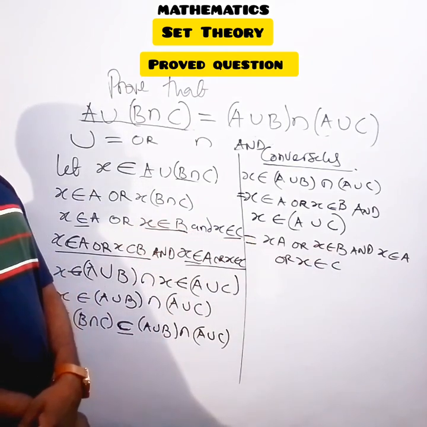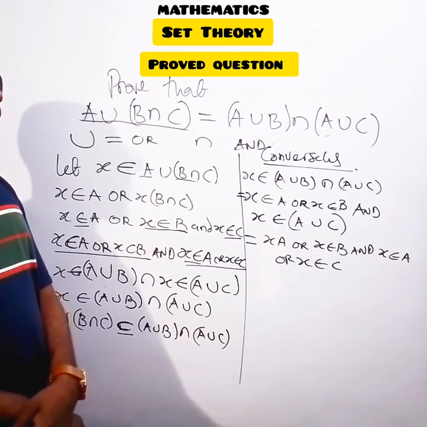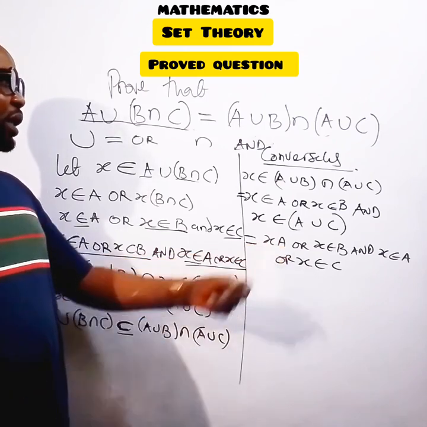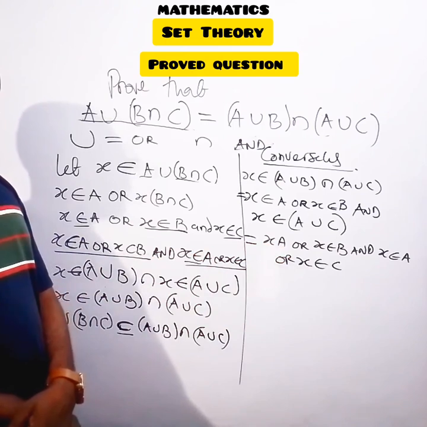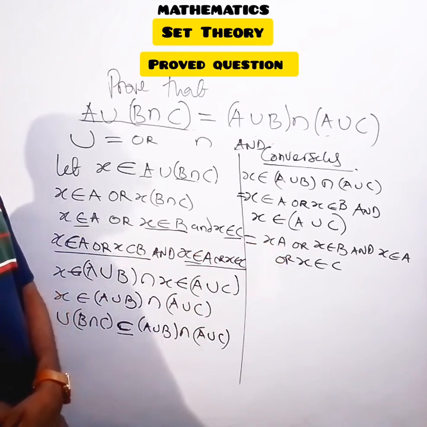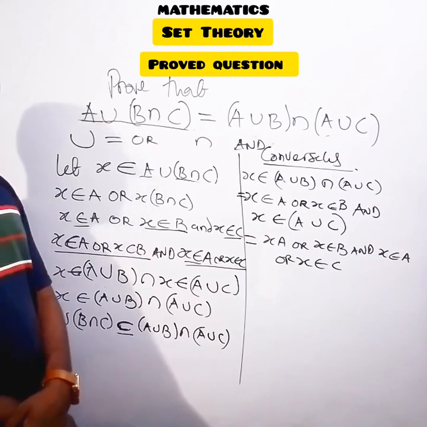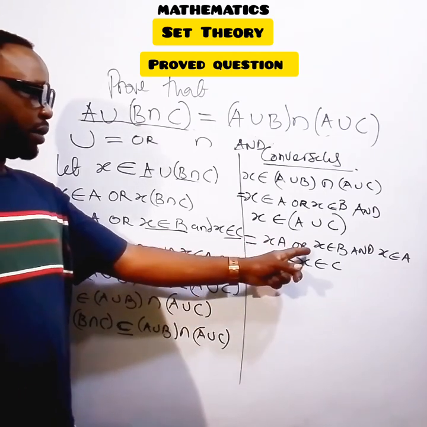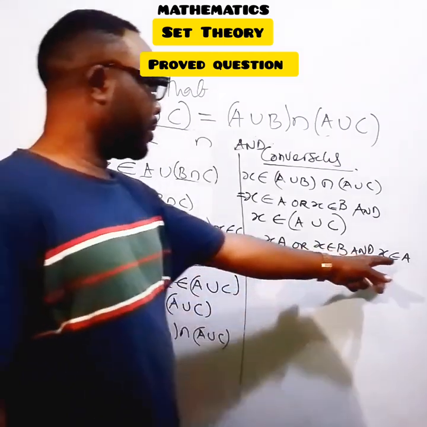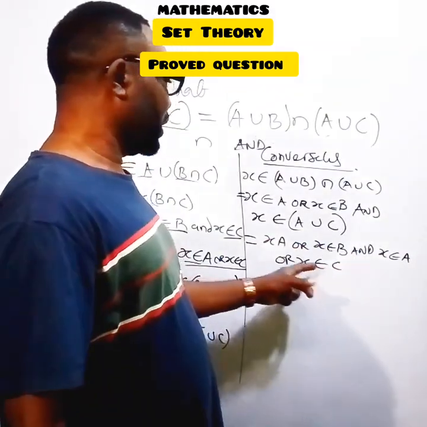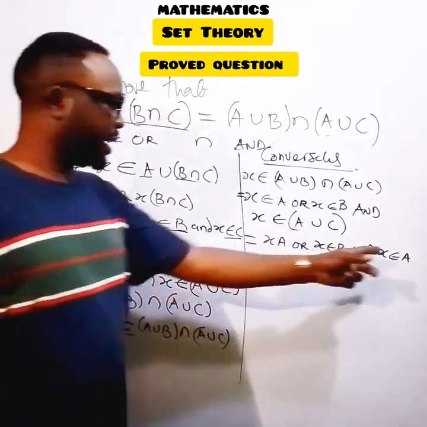So we can now introduce our particular values back there, where we have this and. This is X a member of A or X a member of B, and X a member of A or X a member of C.